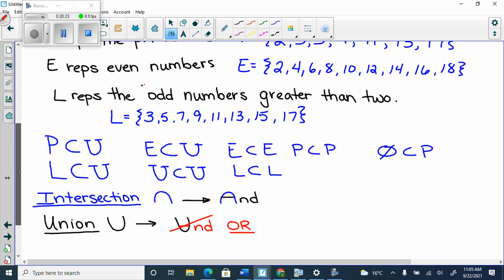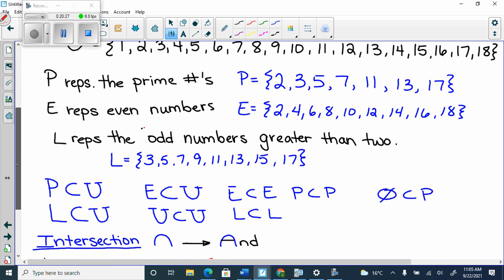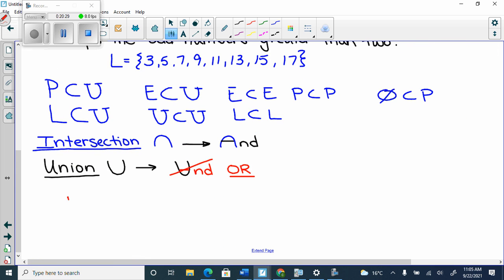So here's my sets. What if I say P intersection L, so this is my little example? What does the little intersection mean? And, because I can write the word and with it, correct?